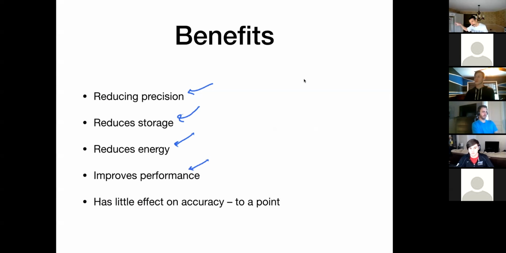But on the other hand, you need to make sure that you don't lose any accuracy, because you don't want to mess up the mathematics and train a bad network that doesn't give you the accuracy that you wanted to have.